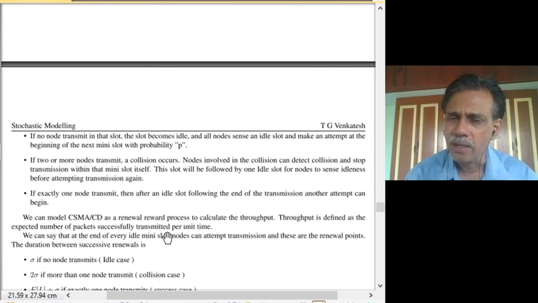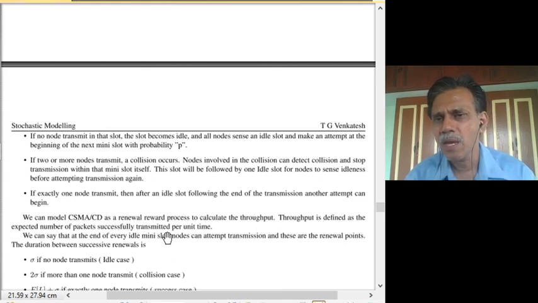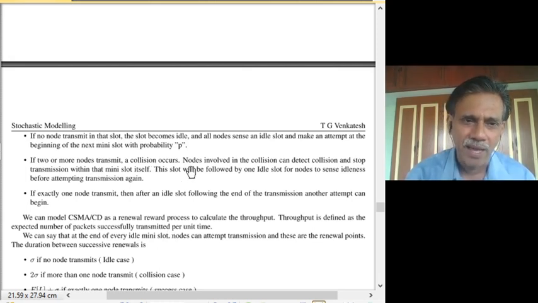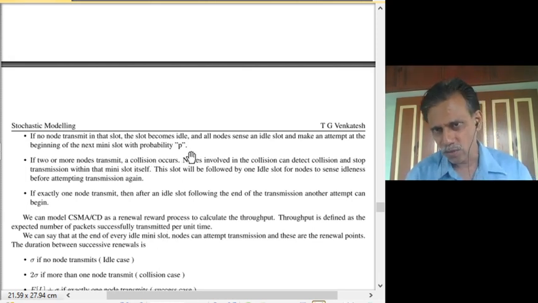The reason is that at an arbitrary time there may be an ongoing transmission, and we do not know when it will end, because the transmission duration L follows a general distribution. It is not an exponentially distributed random variable.